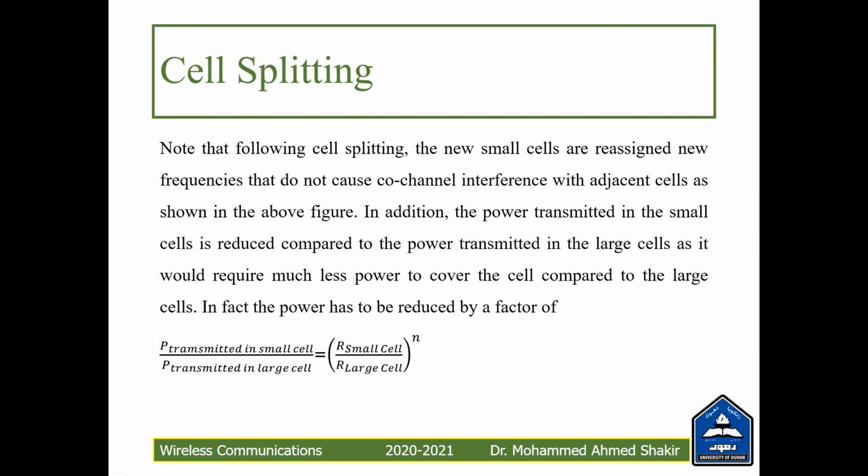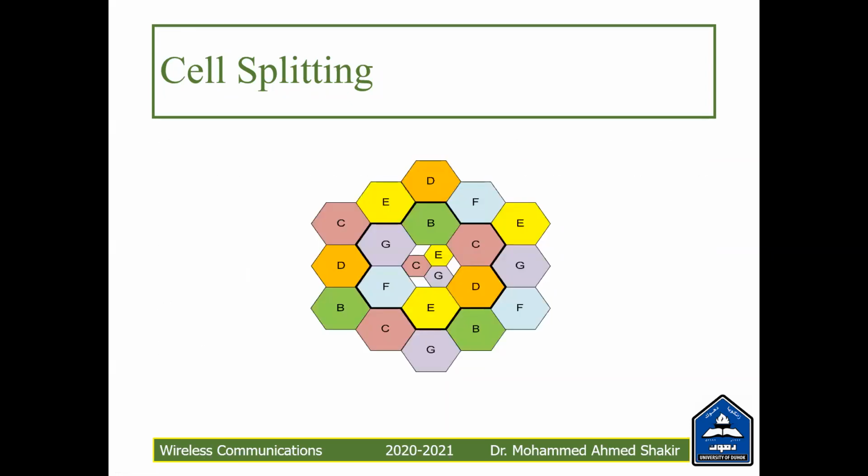Now, note that following the cell splitting, the new small cells are reassigned new frequencies. As you can see here, at the beginning, we have cell A. Now we have C, E, G. Why? Look, please.